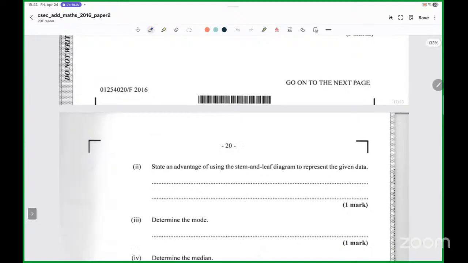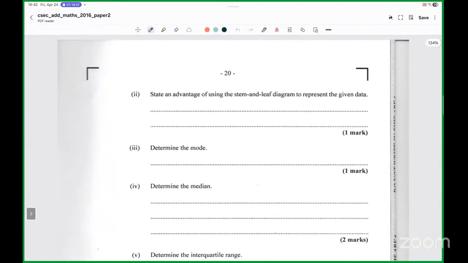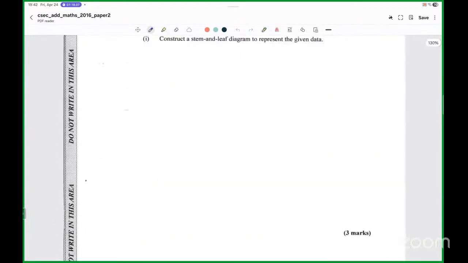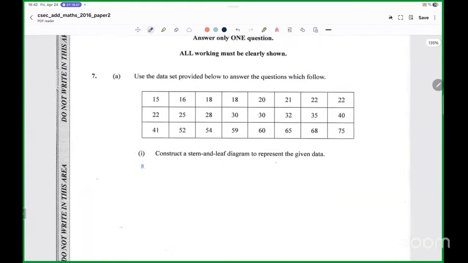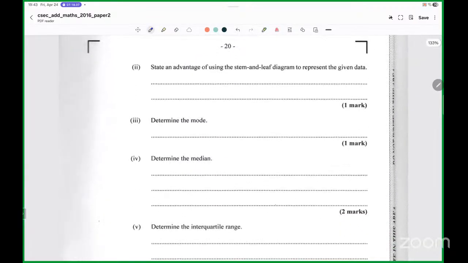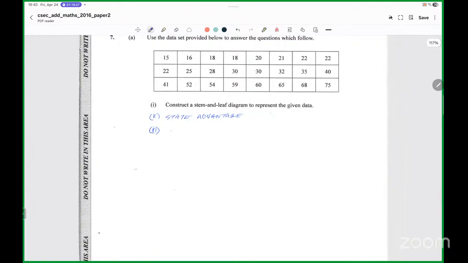So now I'll do a stem and leaf. Part 2: state the advantage of using the stem and leaf. Part 3: determine the mode.